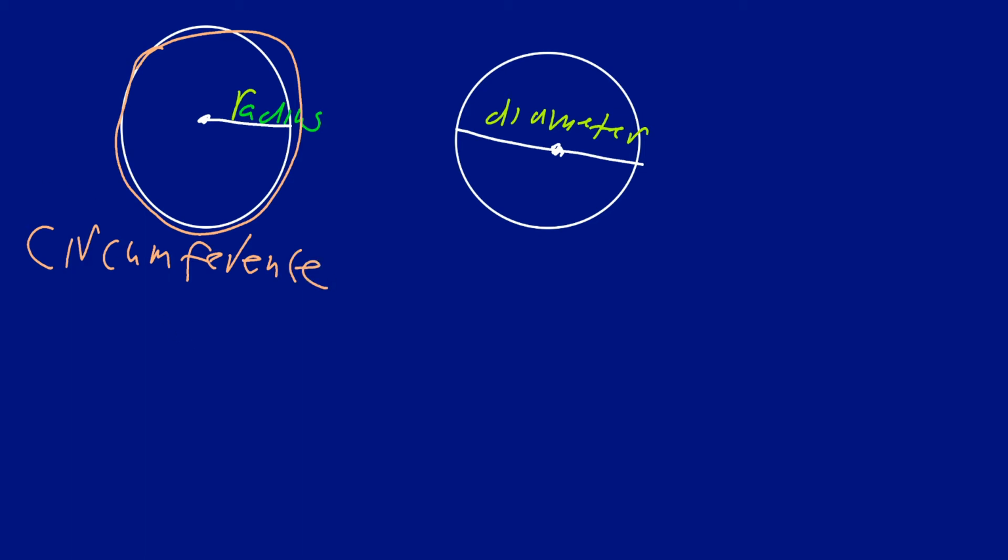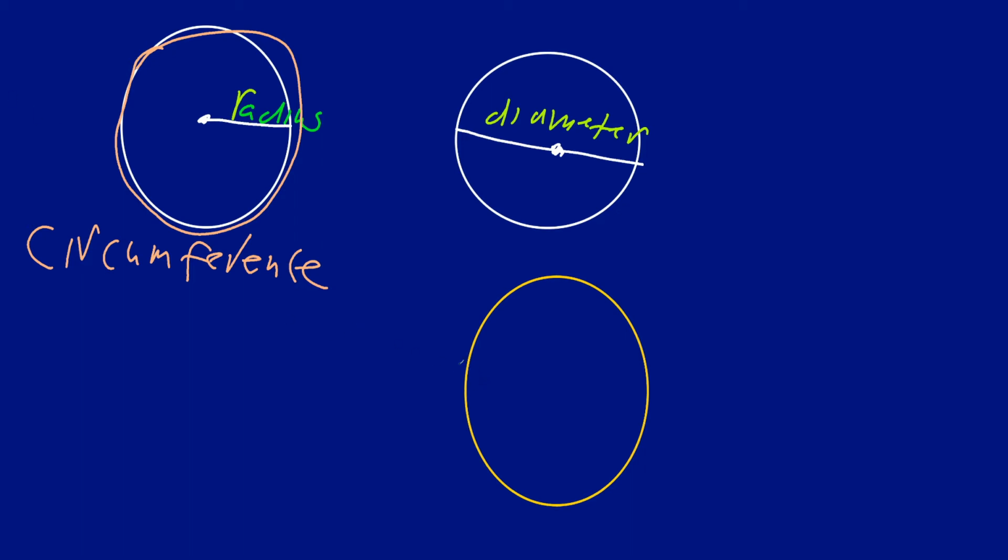Now, there are also other traits, other things that are connected with circles as well. So for example, let me just draw another circle here. Now, there's also something called a chord. A chord is when you have a line that touches 2 points on the circle, but it doesn't go through the center necessarily. Now, if it goes through the center, it's called the diameter. But an example of a chord, if I had to give you one example, will be something like this.